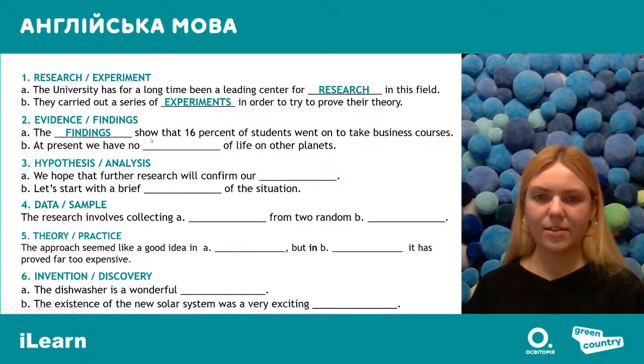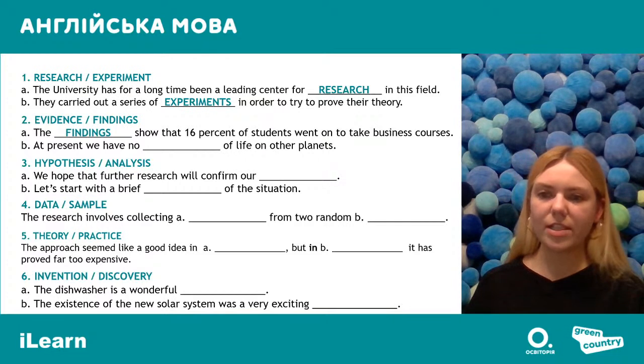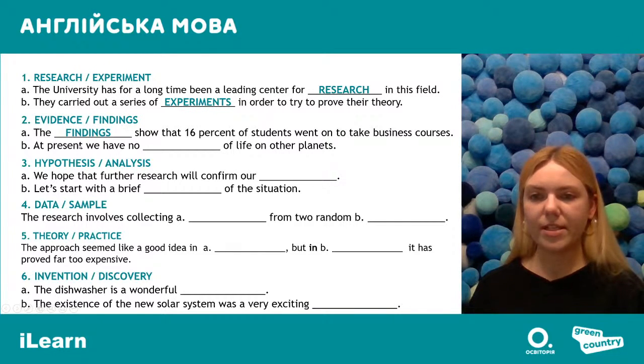In A, the findings show that 16% of the students went on to take business courses. Тобто результати опитування чи результати дослідження, findings, always in plural. And B, that is evidence. At present, we have no evidence of life on other planets. Тобто в нас немає доказів існування життя на інших планетах.